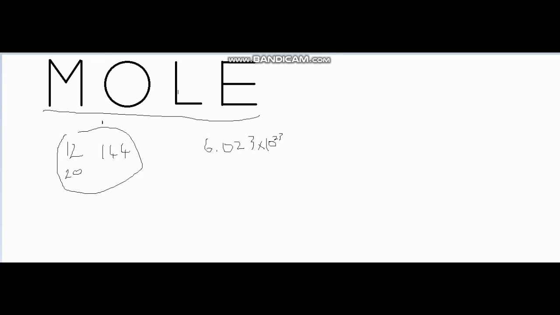So let's look at how moles relates to particles like atoms.